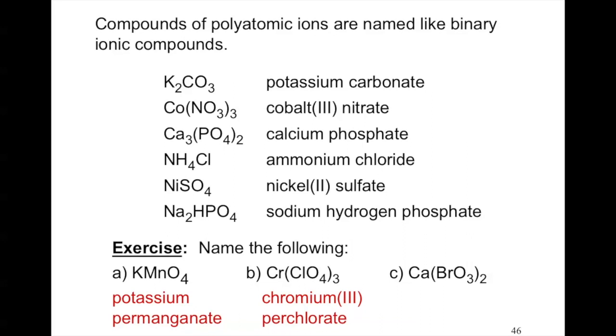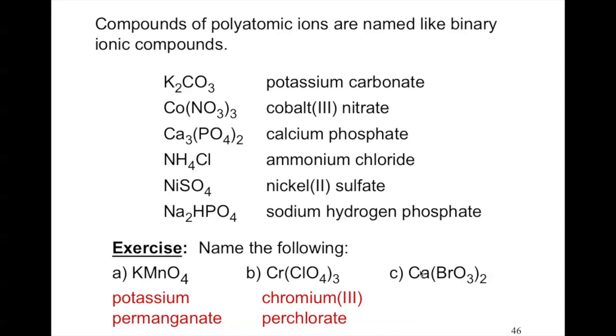Now, we mentioned to you in class already that elements that are in the same family or same group have similar chemical properties. Basically, they have a tendency to react with the same element in the same relative numbers. So chlorine forms a compound with oxygen that's 1 to 3. We'd expect bromine to do the same thing and iodine to do the same thing. So ClO3- is chlorate, so BrO3- is bromate.